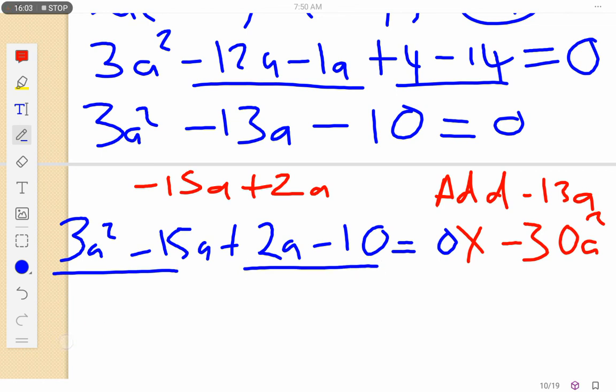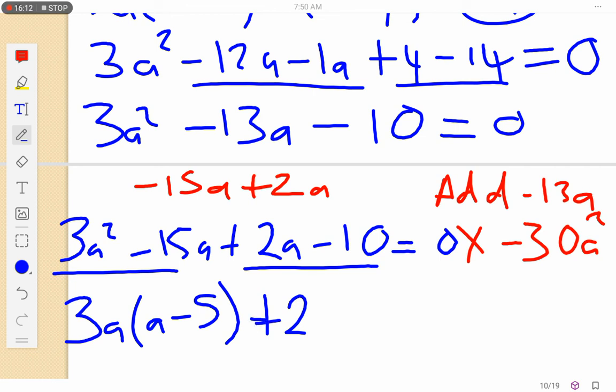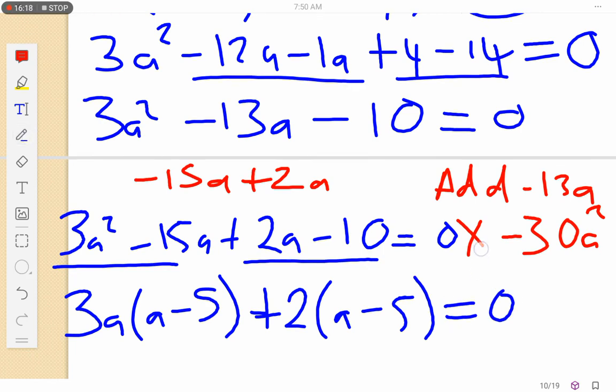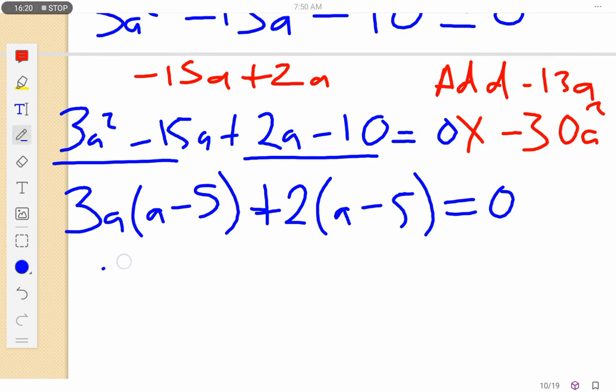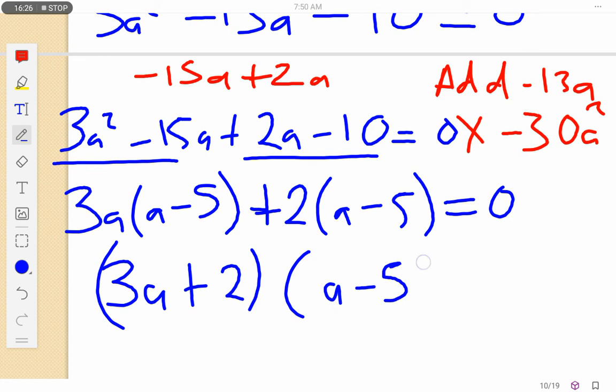First one, I can have 3a and remain with a minus 5. The second one, I can factor out plus 2 and remain with a minus 5 is equal to 0, like that. Then I have factors 3a plus 2 and a minus 5 is equal to 0, like that.